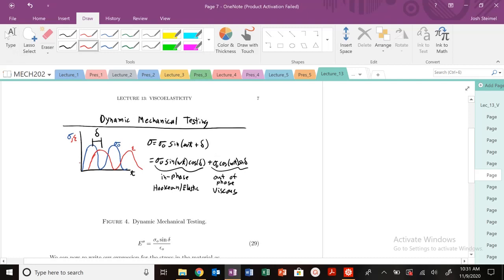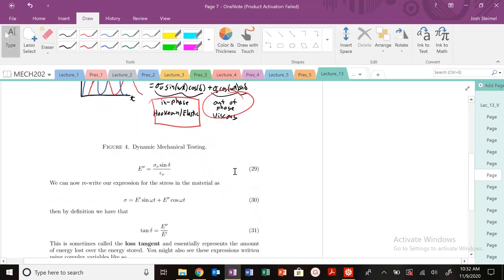So you have some applied stress. There's going to be an in phase component and an out of phase component. The in phase is Hookean and elastic. We apply a stress, there's some resultant strain, and there's going to be a component that's out of phase by this delta right here. That's what's described here.